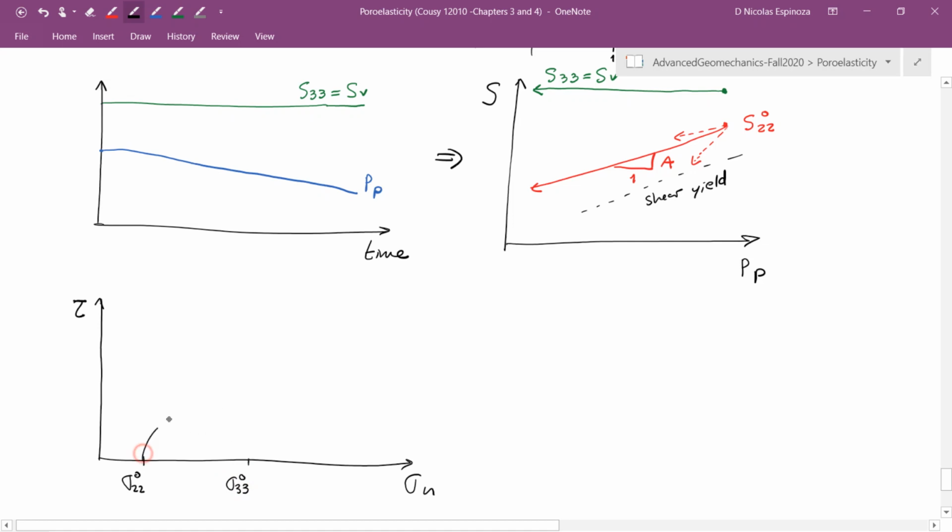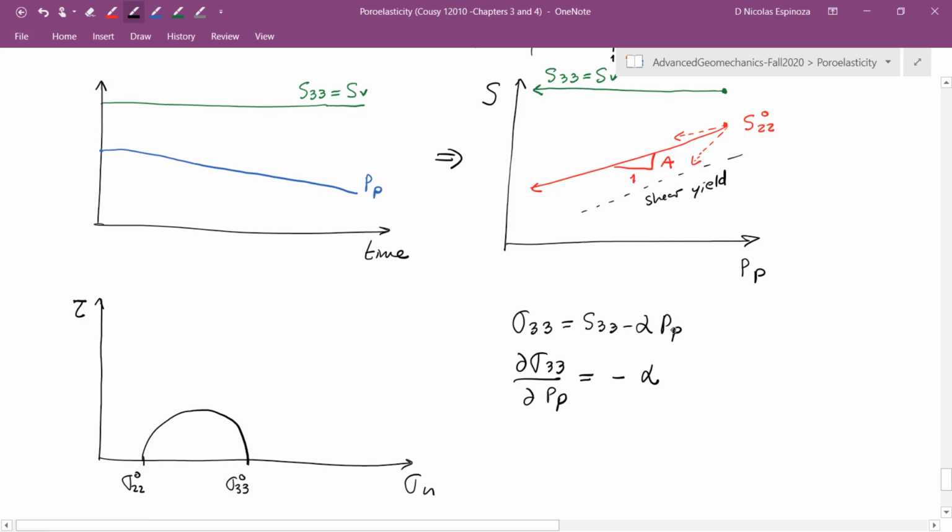Let's say that the effective vertical stress at initial conditions is somewhere over here. At the initial state of stress, I can draw my Mohr circle. And what the theory of poroelasticity predicts is that sigma 33 is going to be equal to S33 minus alpha pp. If I change pore pressure, the change of that is going to be just negative alpha, the partial derivative.